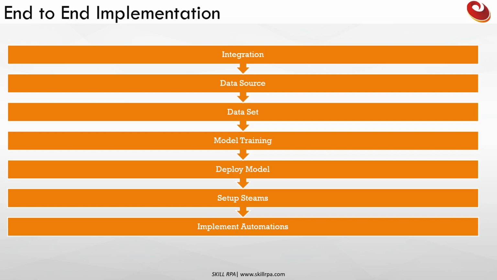Integration is nothing but integrating your communication channels. It can be email or survey forms or whatever data we have, to UiPath Communications Mining, and then storing all the data as part of our data source and combining multiple data sources into a data set. We can combine multiple data sources into a data set, but it is always advised to have the same pattern or type of data in a data set.